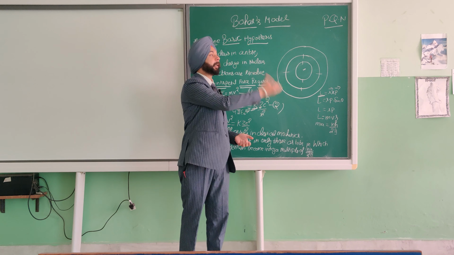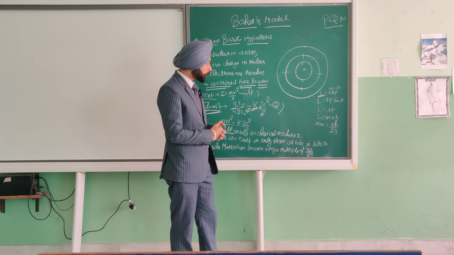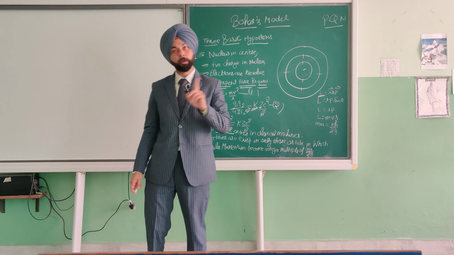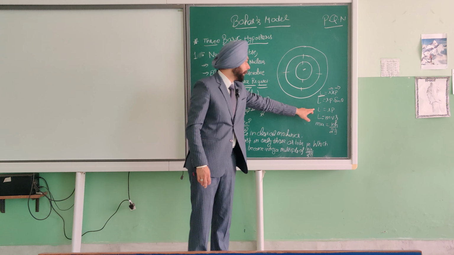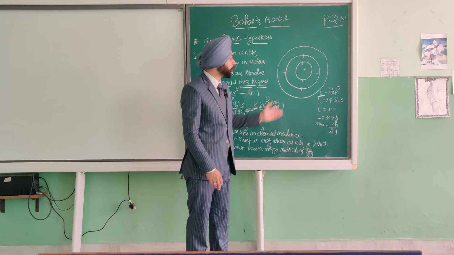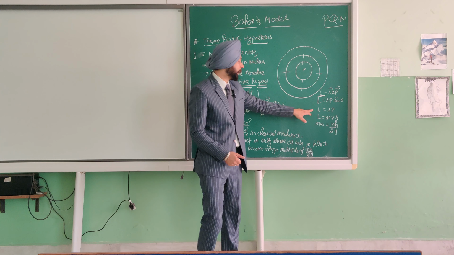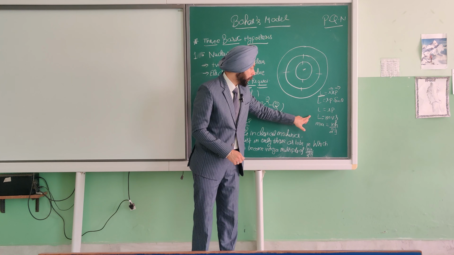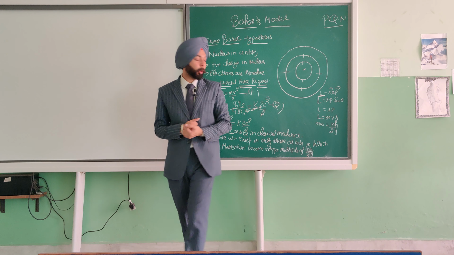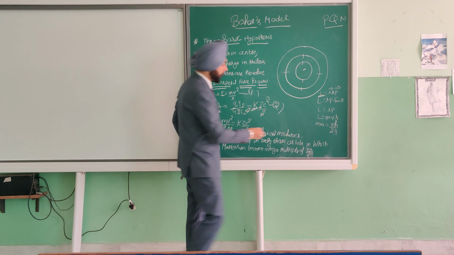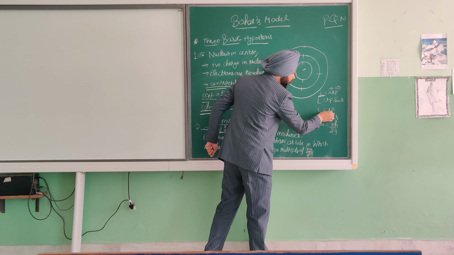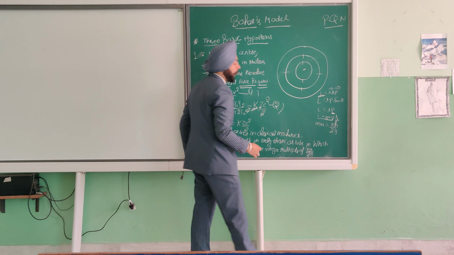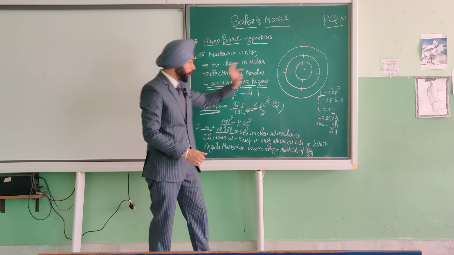If theta is 90 degrees, sine theta is equal to 1, so L is equal to r p. And since momentum p is equal to mv, we can write L is equal to mv into r.